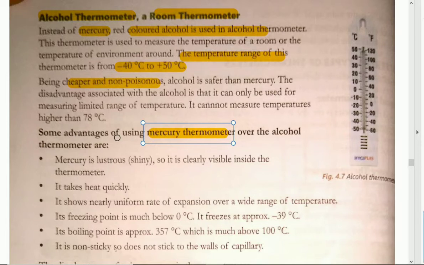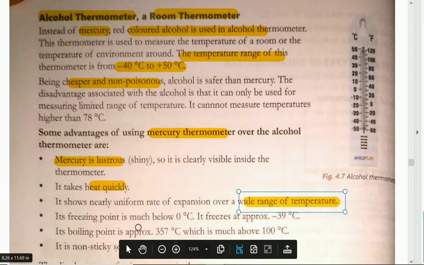So what are the advantages of using a mercury thermometer over the alcohol thermometer? First of all, mercury is lustrous, so we can clearly see it in the thermometer. Next, it gets heated quickly, so in a very short time we can measure our body temperature. It has a wide range of temperature.